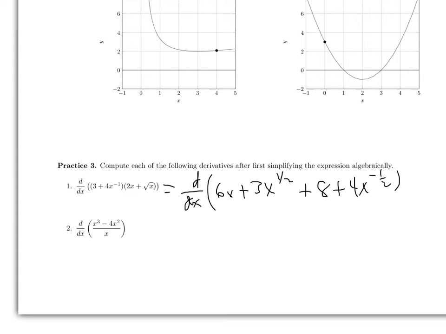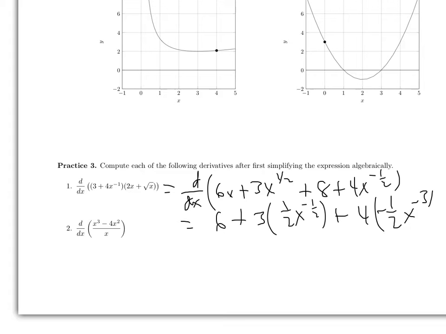So if I apply my derivative rules to this expression, the derivative of 6x is 6. Then I have the derivative of x to the 1/2 is 1/2 x to the minus 1/2. Then the derivative of plus 8 is just 0, so there's nothing there. And then I need the 4 times, and then the derivative of x to the minus 1/2 is minus 1/2 x to the minus 3/2.